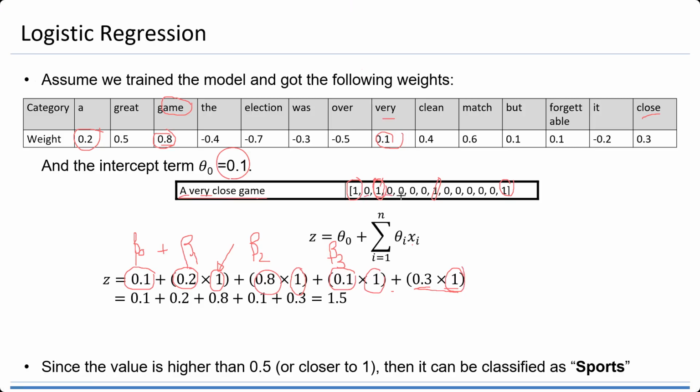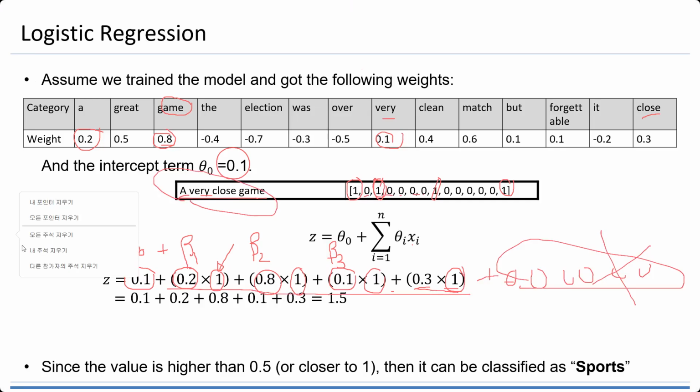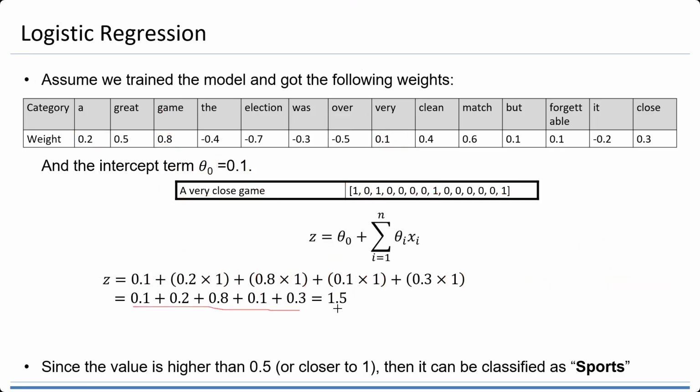What about the others? 0 multiplied by 0 will be 0. Then, of course, 0, 0, 0, 0, 0, 0. So we don't care about those. We only care about the words that appear in this text. So we can get the value like this. Z is 1.5. Okay.